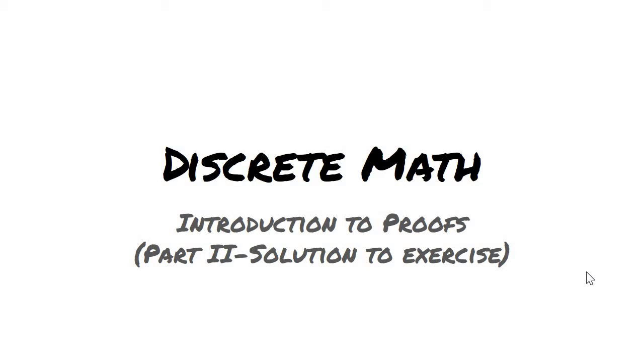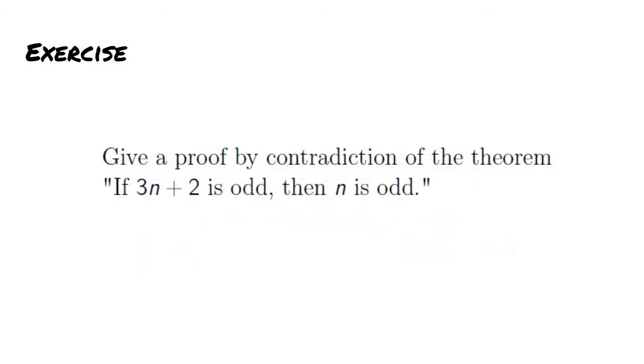In this video, we're going to solve the exercise from the previous section. We have to give the proof by contradiction of the theorem: if 3n + 2 is odd, then n is also an odd number.